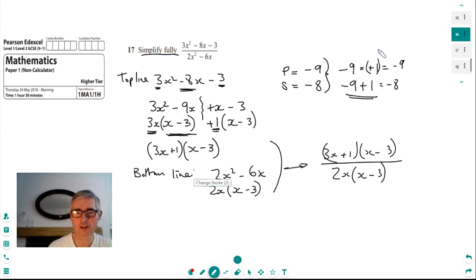We can see that we've got a bracket that's the same on the top and the bottom of the fraction, so we can cross that out, and that leaves us with our fully simplified expression, which is 3x plus 1 over 2x, and we've done it. That's as much as that will simplify.